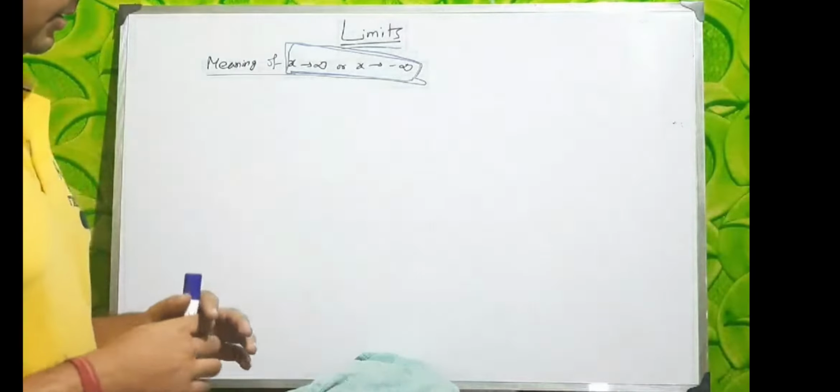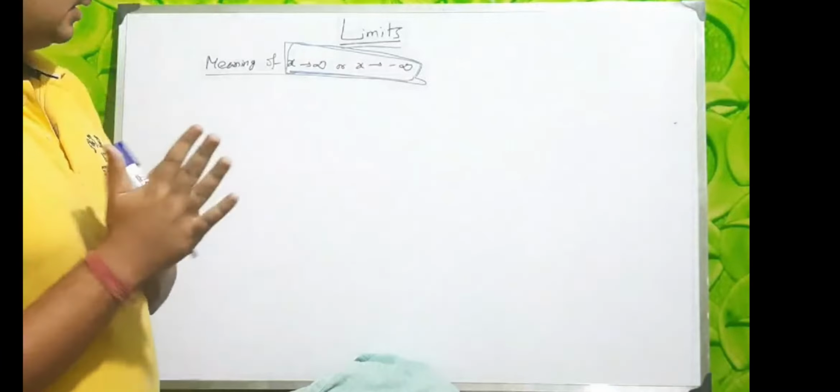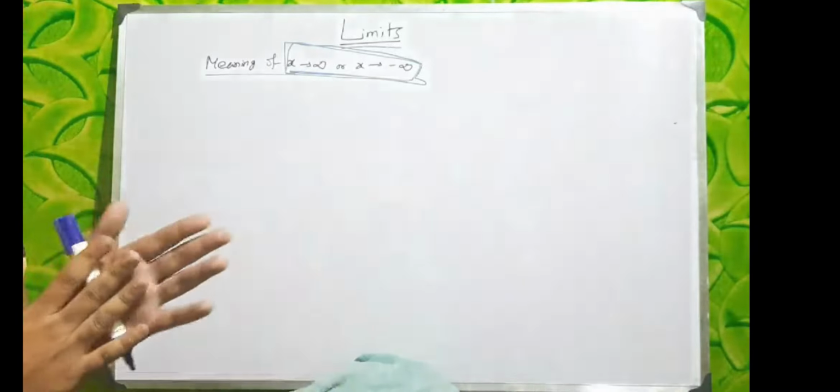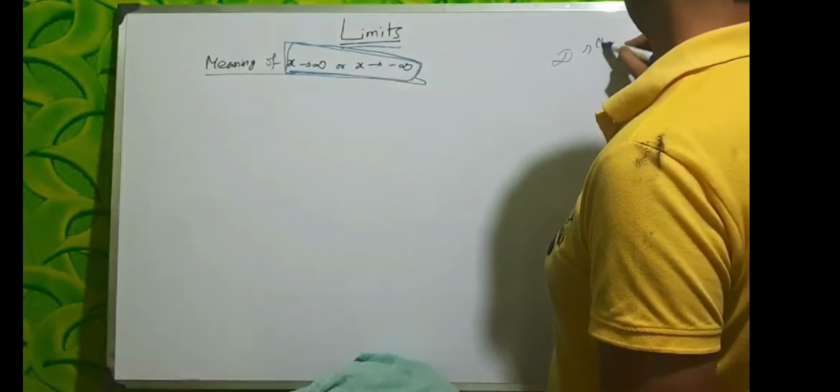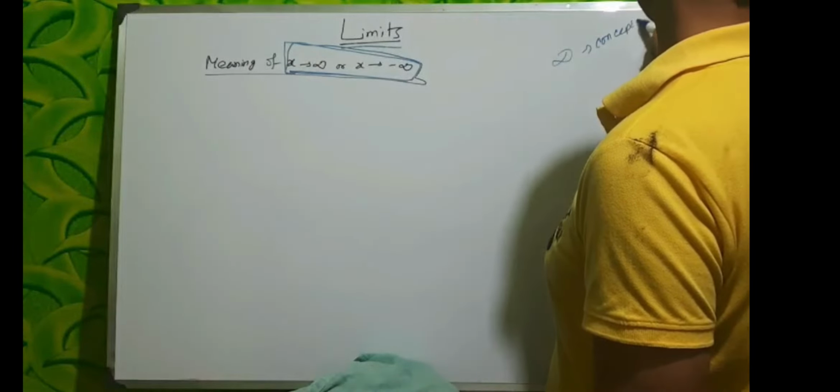If I say something approaches infinity, first you have to know what infinity actually is. Is infinity a number? No. It isn't a finite number, it's just a concept. By infinity, I mean this thing is larger than anything I can imagine.